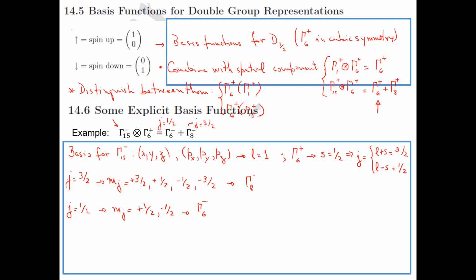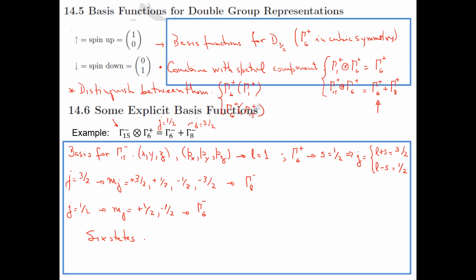The objective of this exercise is to see how the 6 states that I start with arrange themselves, how their basis functions arrange into basis functions with these particular types of symmetry, right? The 6 states that I have initially, as I said, correspond to px, py, pz, and spin up, spin down.